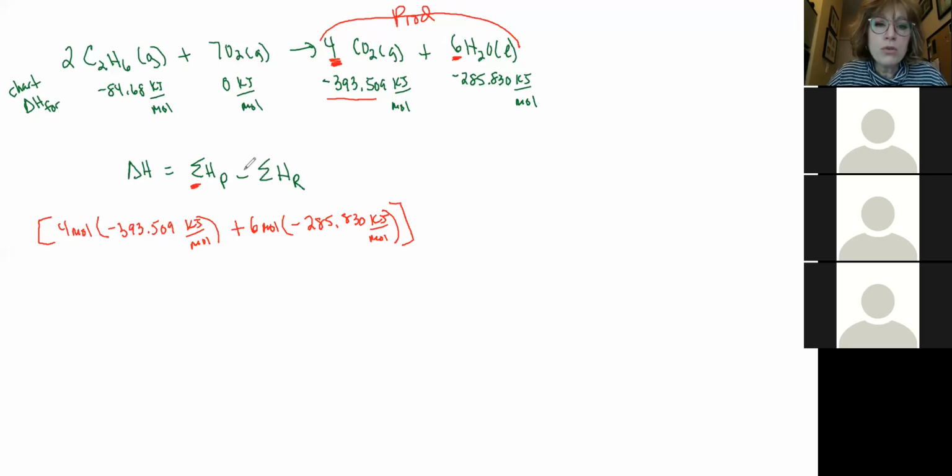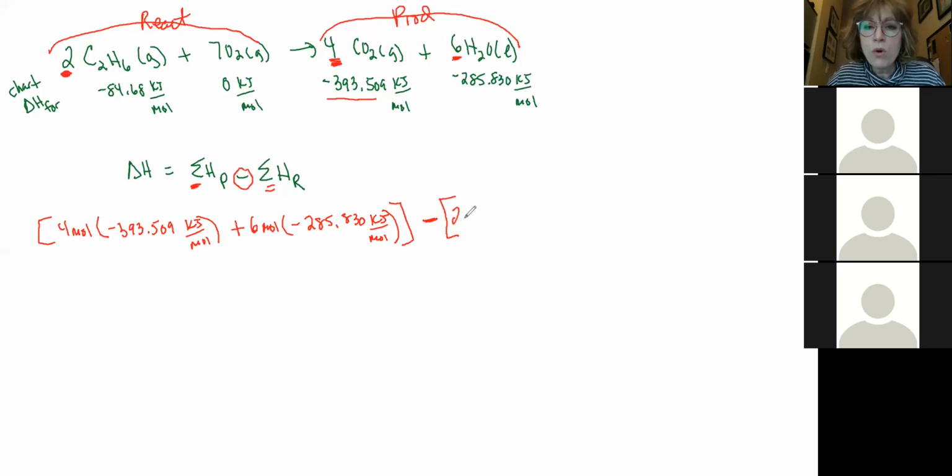And then we're supposed to subtract, so I'm going to write a negative, the sum of the reactant side. So this is the reactant side. All right, so now we get the same process. There are 2 moles of this stuff.